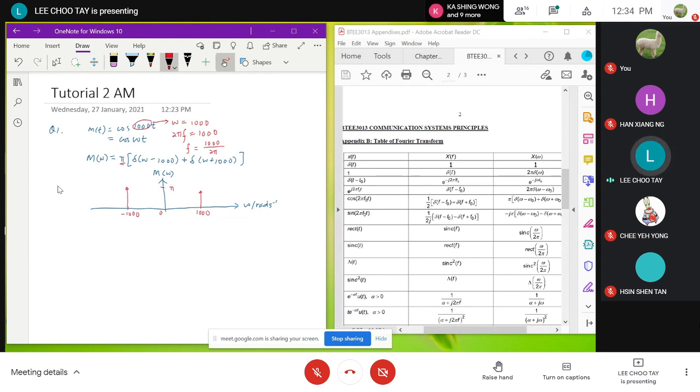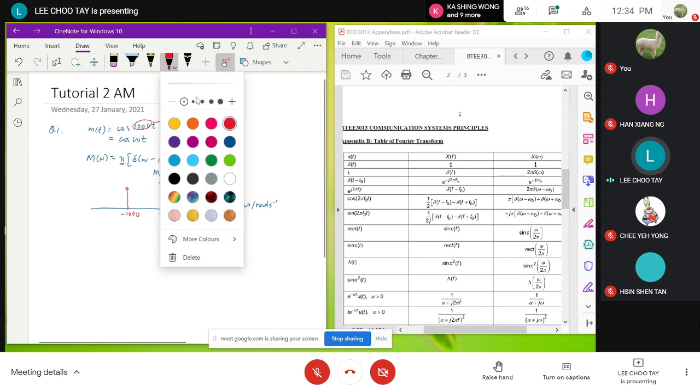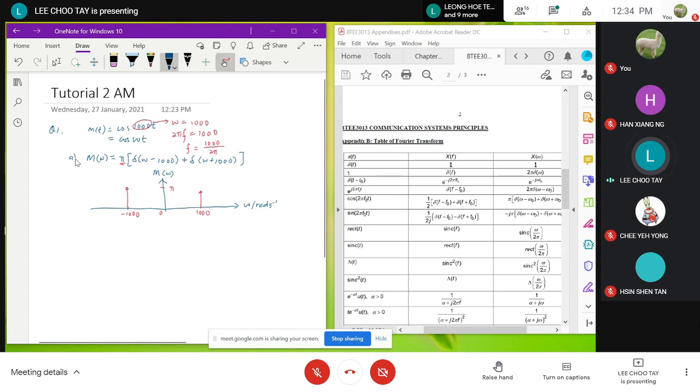Then for part B, you need to sketch the double sideband suppressed carrier spectrum. Our c(t) equals cosine of 10,000t, so omega c is 10,000.